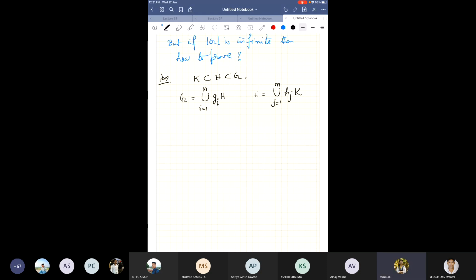So then what I can say from here is that this G, which is the disjoint union of the left cosets of H, now this H can be written as a disjoint union of left cosets of K. So this one I can write as nothing but the union of g_i times the union of h_j K. So finally, what I'm doing is that it is nothing but the disjoint union of g_i h_j K, where i and j are varying over the indices.